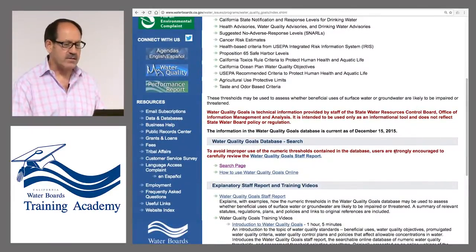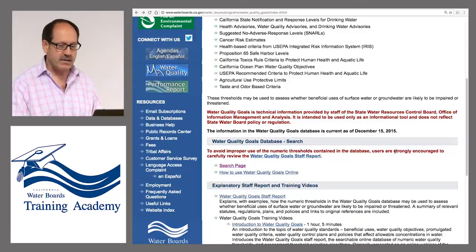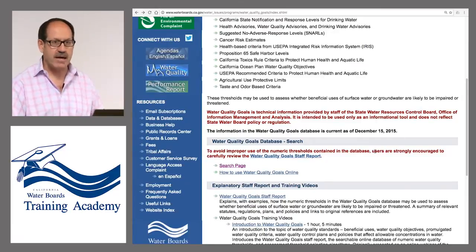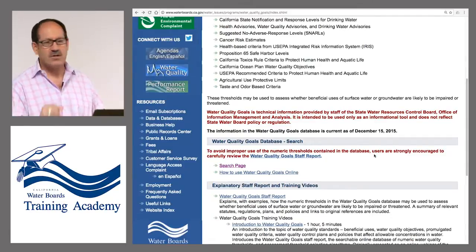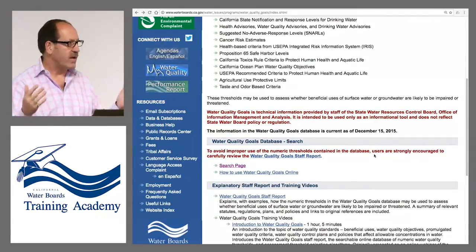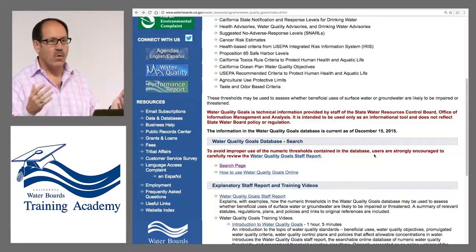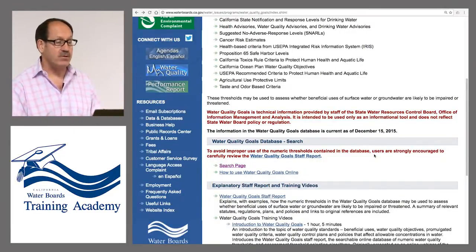Also, how recently the database was updated is cited here. And then some red bold text that makes me happy. Don't use the numbers until you've either taken the class or read the staff report to really understand what they're all about. Don't just grab numbers without knowing what they mean, what they're for, and how they might be used in your work.